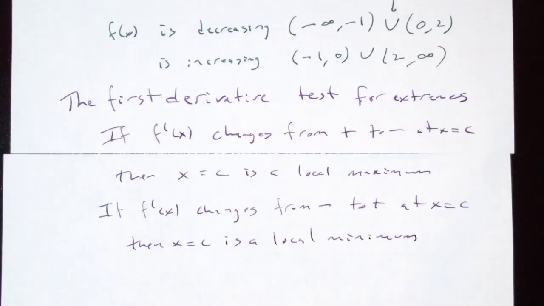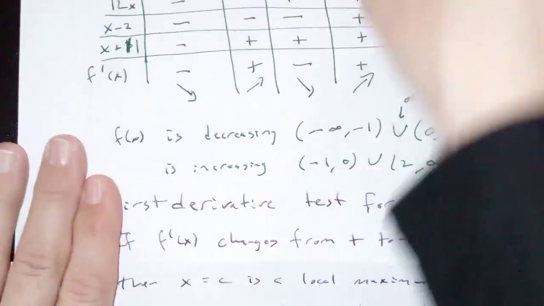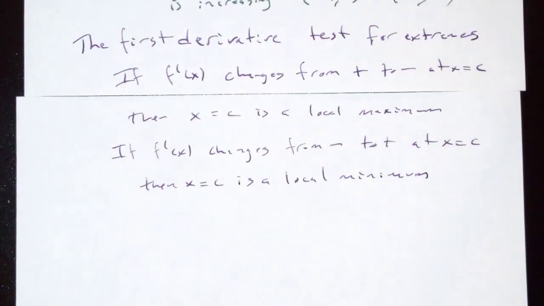There should be a big if at the beginning of this that says, if my derivative exists, right? If I have f prime at this point around C, and I go from being positive to being negative, then I had to be going up, coming down, there's got to be a maximum there. If I go from negative to positive, I'm going down and then up, there has to be a minimum there.